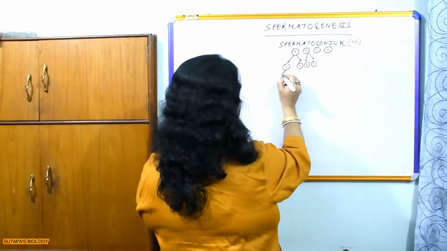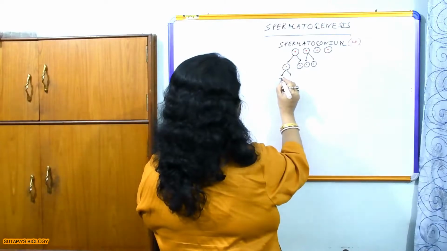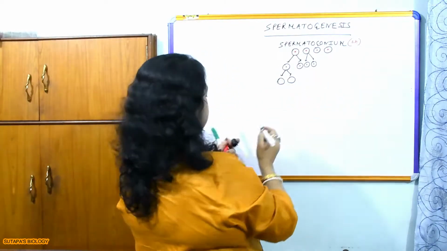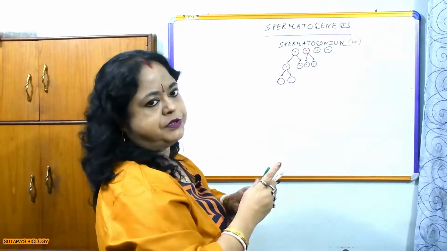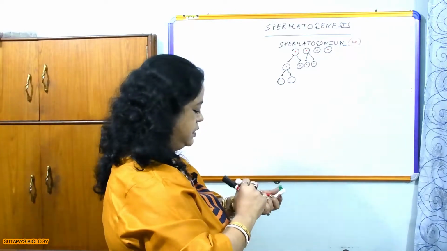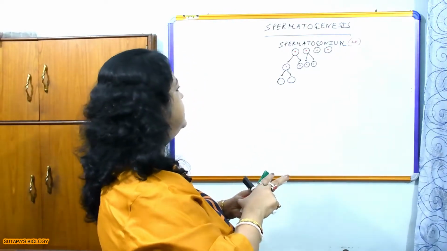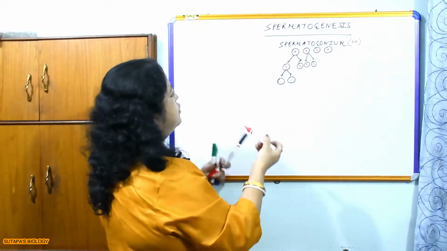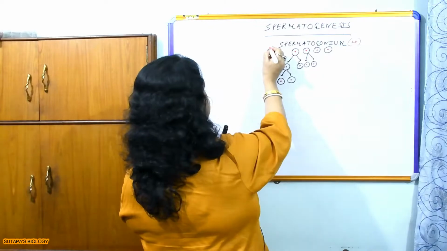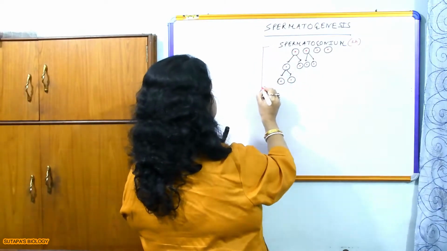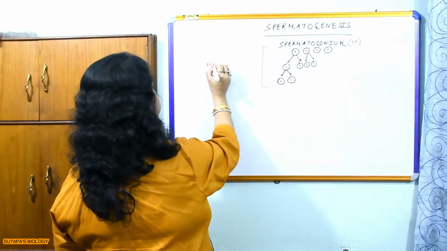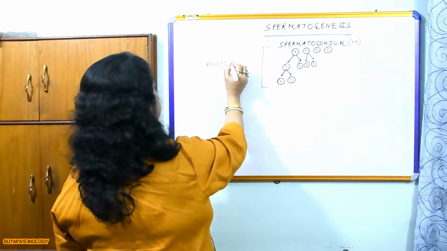This is known as the multiplication phase, as the number of spermatogonia are increasing. All the cells of the spermatogonium will produce 2 cells, and all are of the same chromosomal complement, that is 12. So from spermatogonium up to this is known as the multiplication phase. The number is multiplied here.